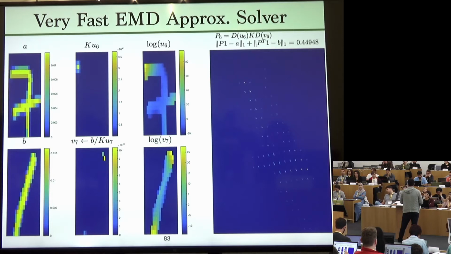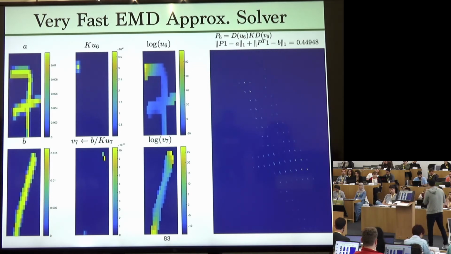And this could start giving an insight: imagine you were able to change a bit the 7 or the 1. What would you do to make them closer in Wasserstein distance? Well, I would look at the picture on the right, the dual variables, and erase a little bit of this top left thing, and move it maybe closer to the center. And same for the 1, for the digit of 1s.